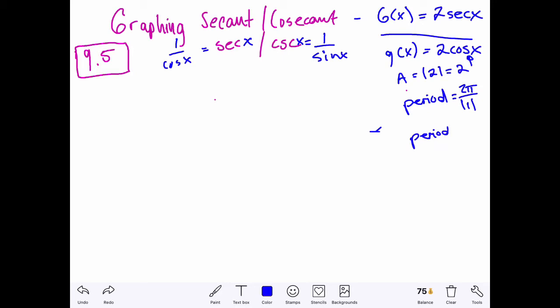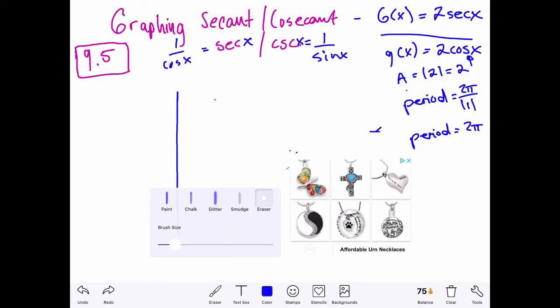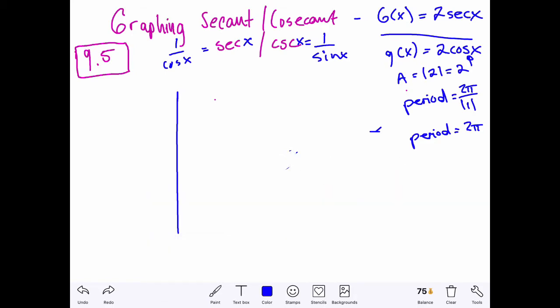So the period is 2 pi over 1, which is 2 pi. All right, and let's graph that, and maybe we'll do a couple periods' worth.